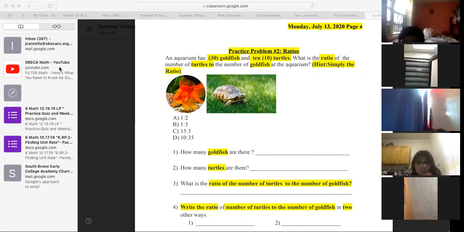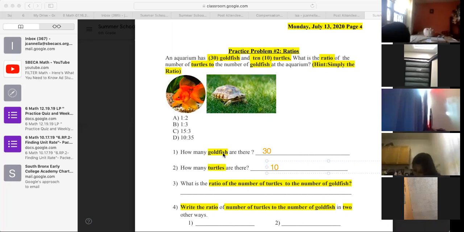What is the number of goldfish? 30. How many goldfish are there here? 30. What number is turtles in the drawing? 10. Good, 10, good job. Okay. What is the ratio of turtles to goldfish?